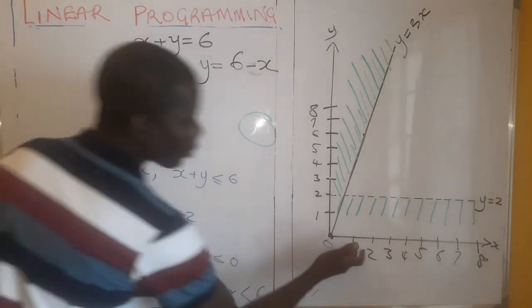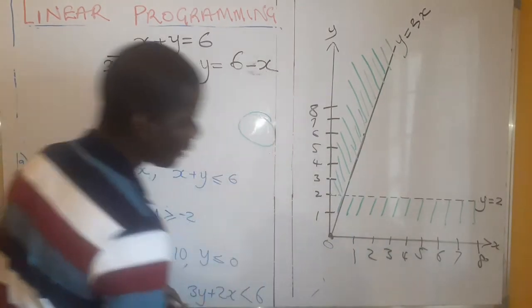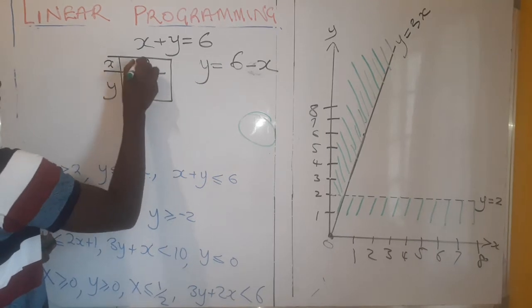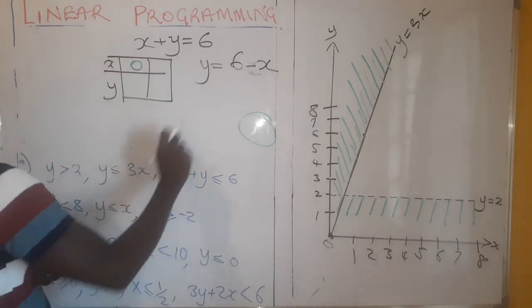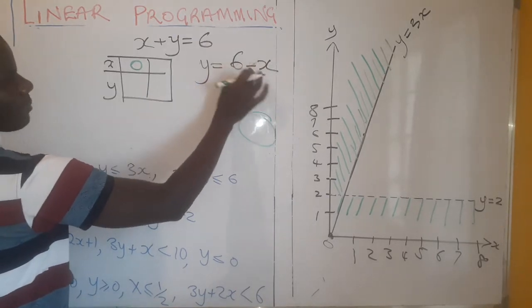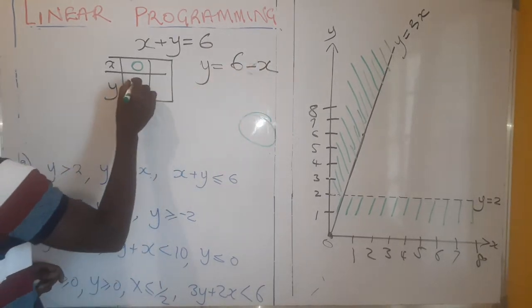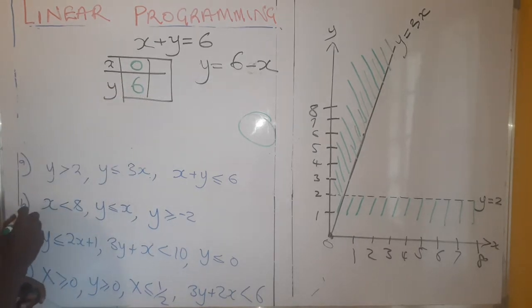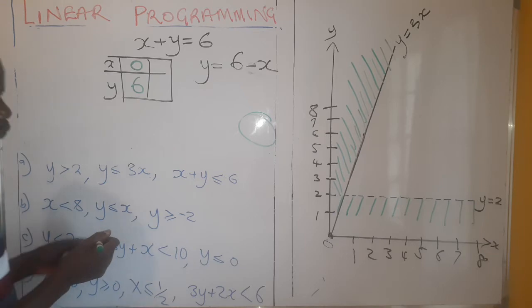So we are using these coordinates here to begin to test. So you always start with 0. When x is equals to 0, when you put 0 here, it will be 6 minus 0. Then y is going to be equals to 6.